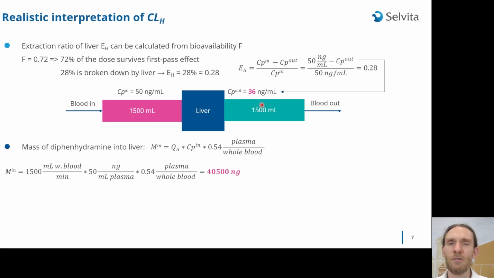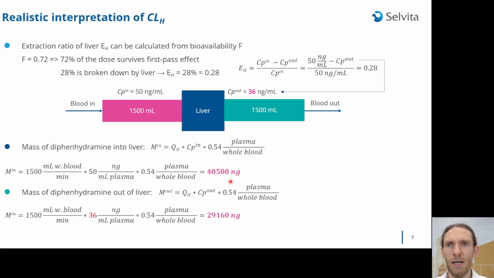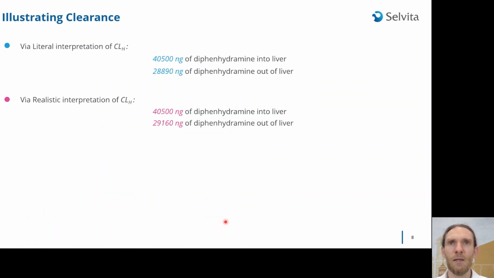Using the same equations as on the previous slide, we calculate the mass of diphenhydramine that enters the liver and the mass of diphenhydramine that leaves the liver. Through this calculation, we have a number of 29,160 nanograms. Those numbers are very comparable.